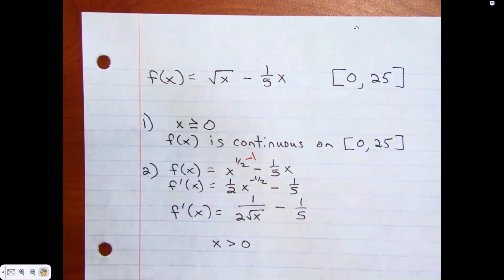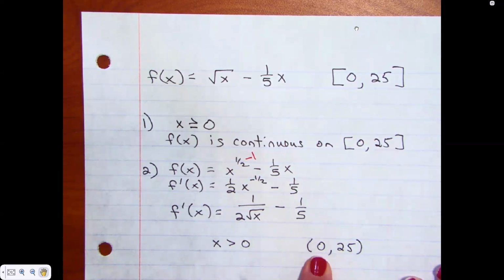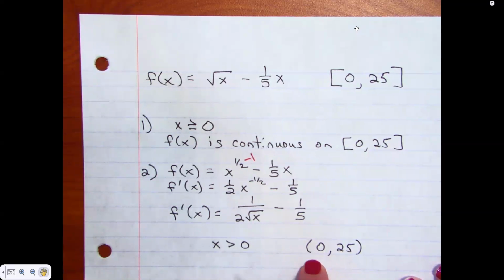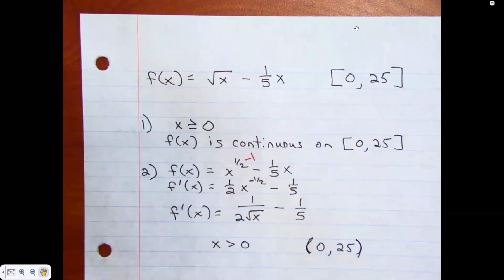But what is 2? 2 says it has to be differentiable on the open interval, which means it doesn't include 0. 0 is going to cause a problem, but it's okay because it's parentheses, not brackets.